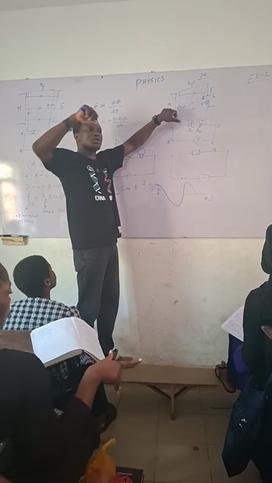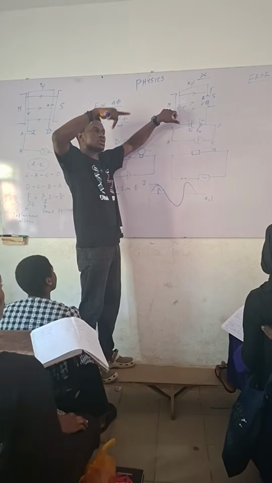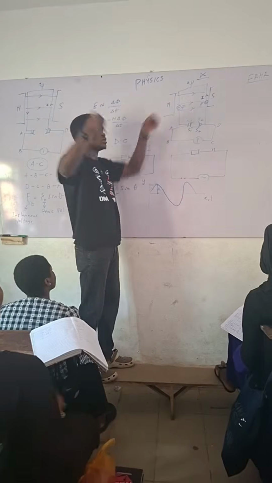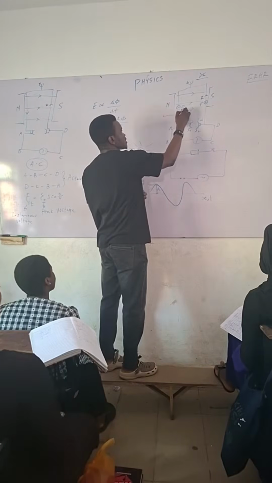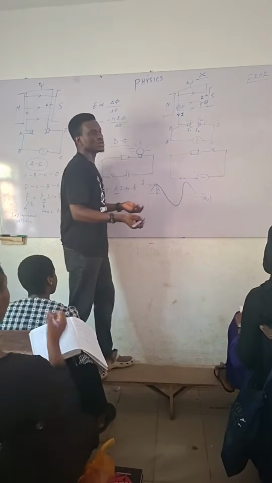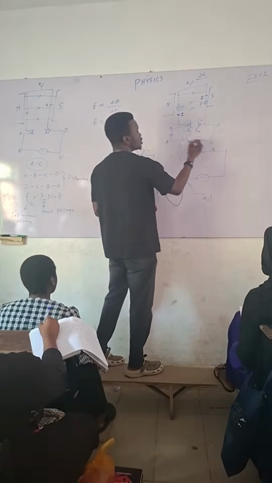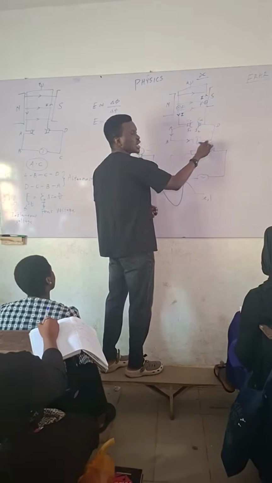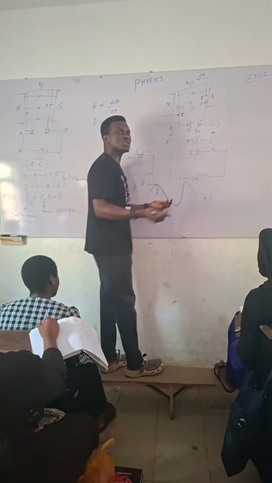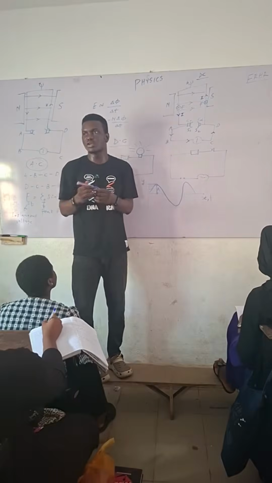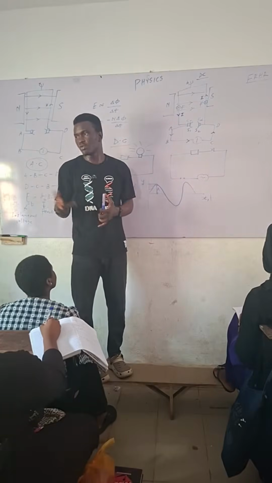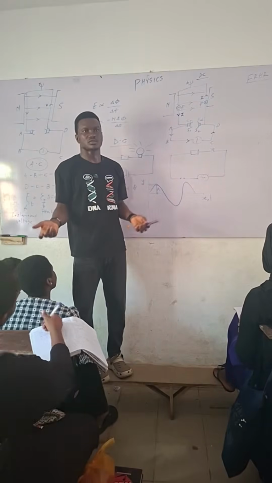At the end of the day, when you use your rules again, the current is going down. So there is no need to waste time on that. Do you understand that? The current will continue, it will go down, then it will go this way, then this will be deflected. You don't need to cram it. They can show you all of these things. All you have to do is apply your rules when you need to.